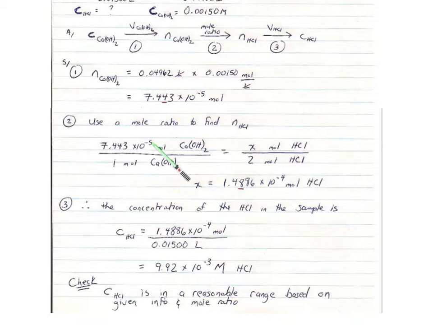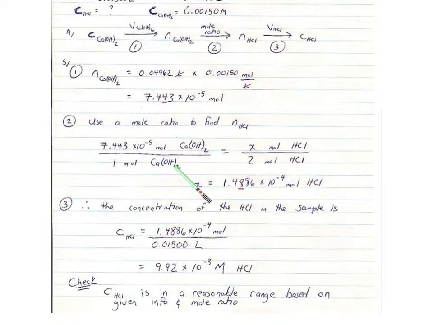But rather than putting the other piece of information that was given in the equation underneath it, I just kept both pieces of information related to hydrochloric acid on this side, and both pieces of information related to calcium hydroxide on this side.